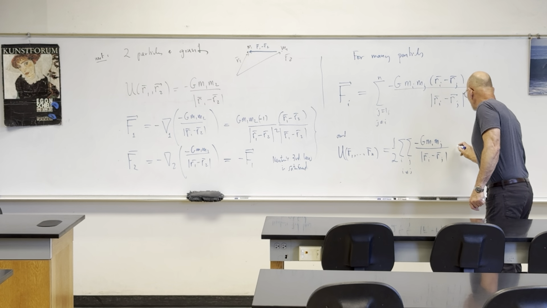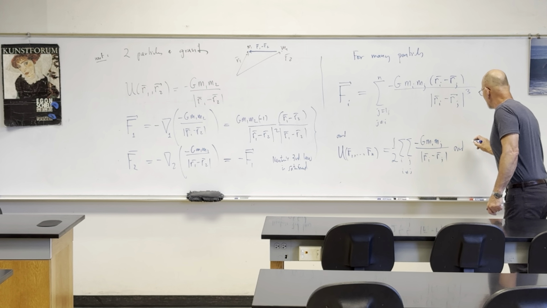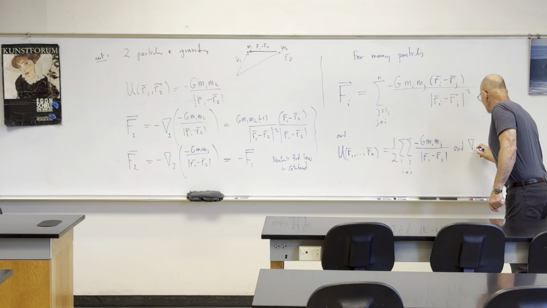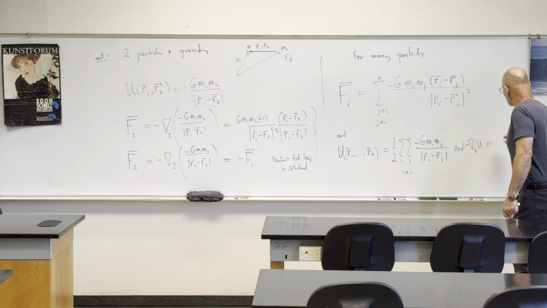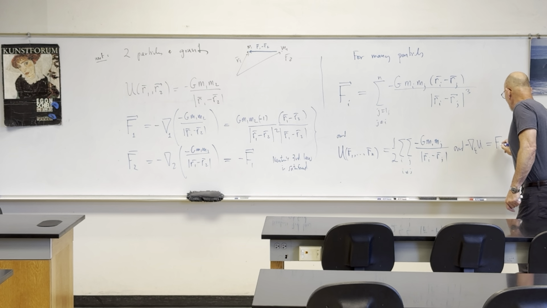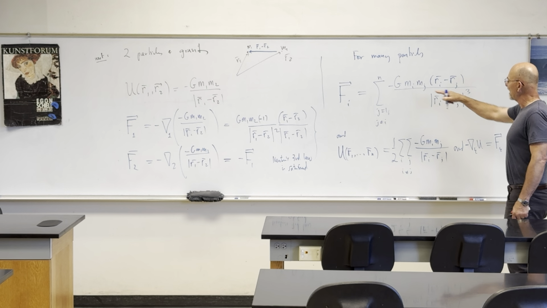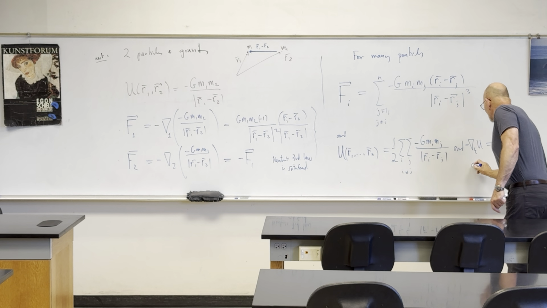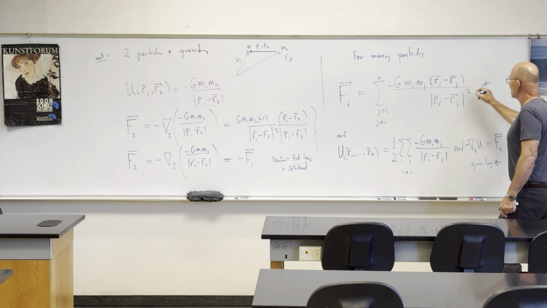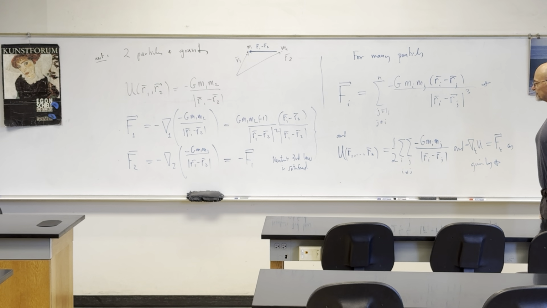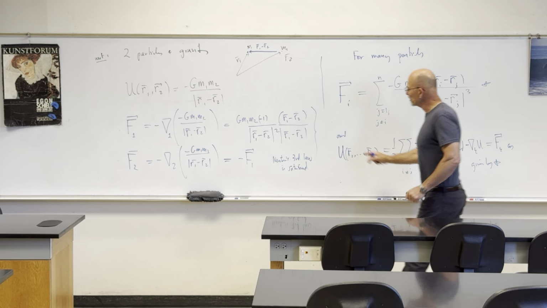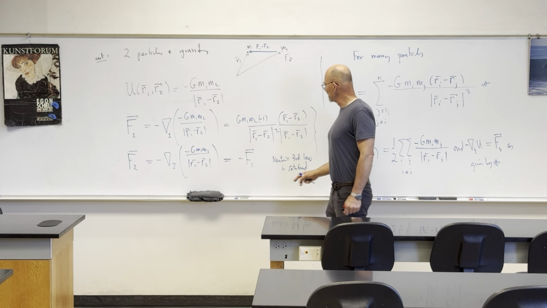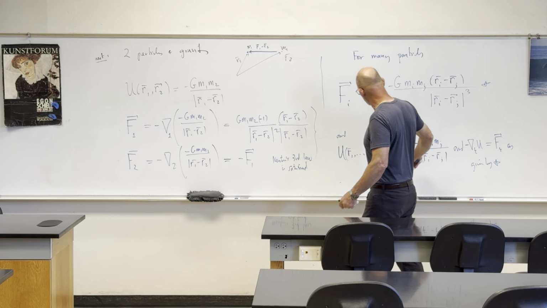But I'll put here, minus gradient sub k of u is equal to f sub k as given above by star. We're most concerned with the 2-particle one for now, okay? But this is a natural generalization. It's a pretty tricky derivative to take.